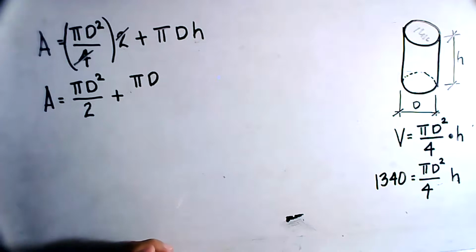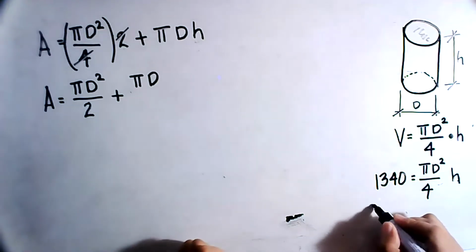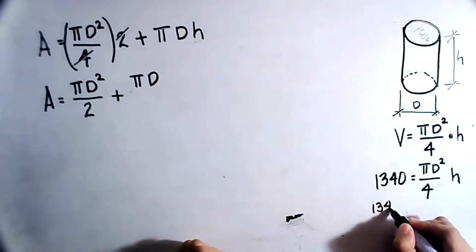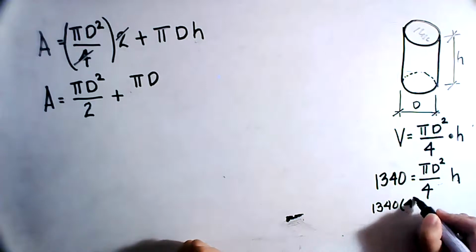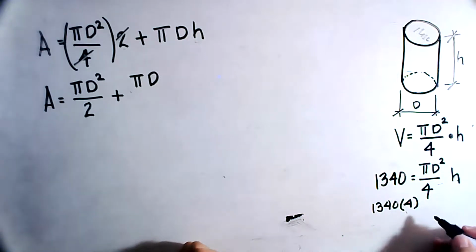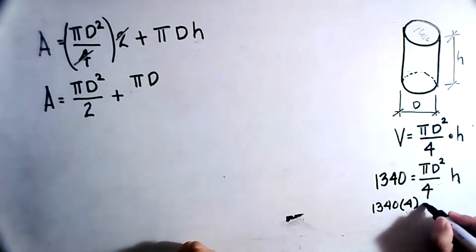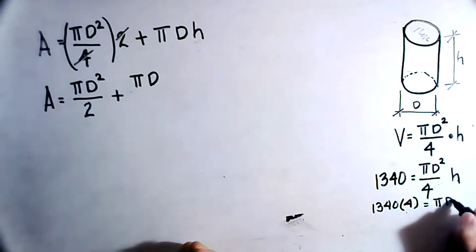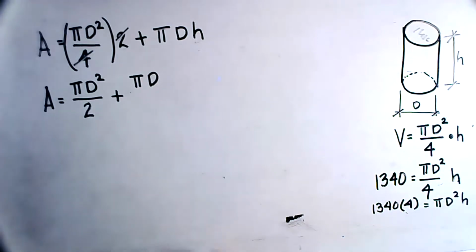If we are going to express h in terms of the diameter, we will have 1,340 times 4 is equal to pi d squared times h.